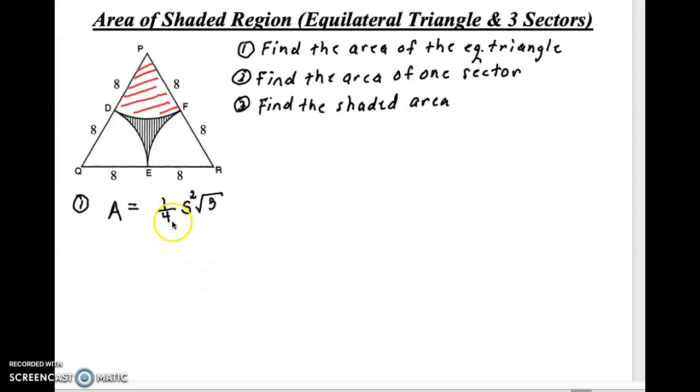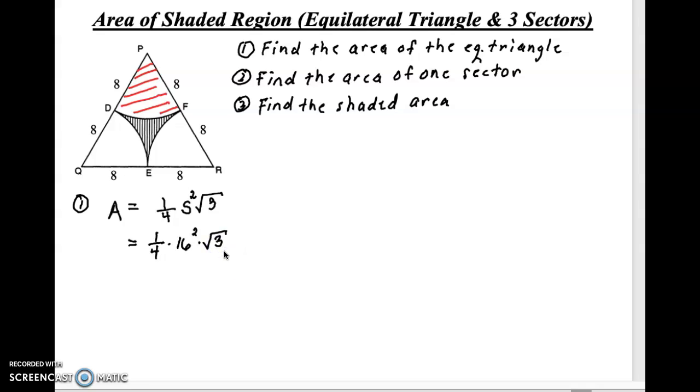So, in our case, the side is 16. We have to look at the entire side. So it's 8 plus 8 or 16. So what we're going to do is 1/4 times 16 squared times √3.